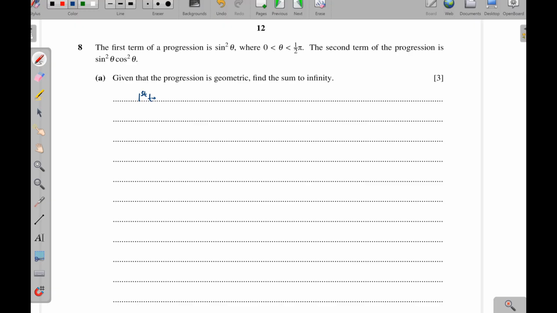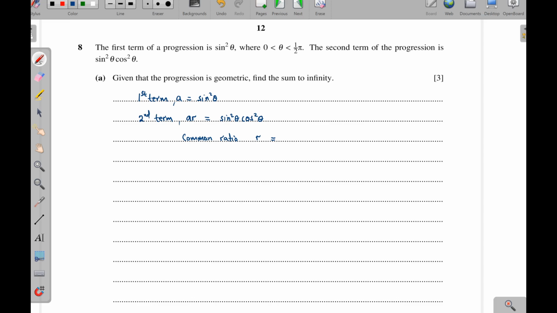So the first term, a, is given as sine squared theta. Then the second term, that one is ar, is given by sine squared theta, then cos squared theta. So meaning the common ratio r is equal to the second term divided by the first term.